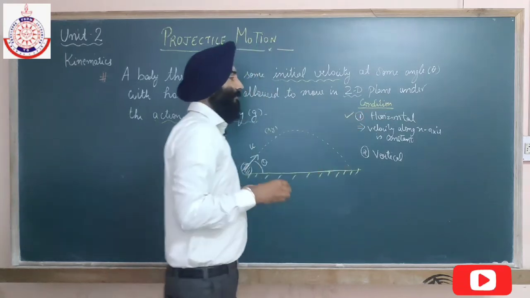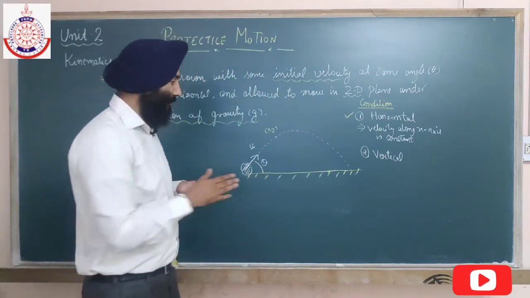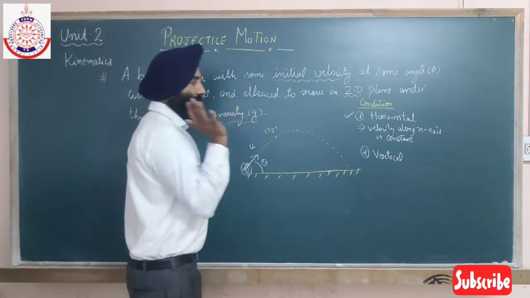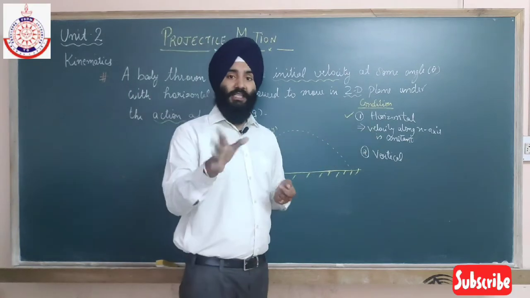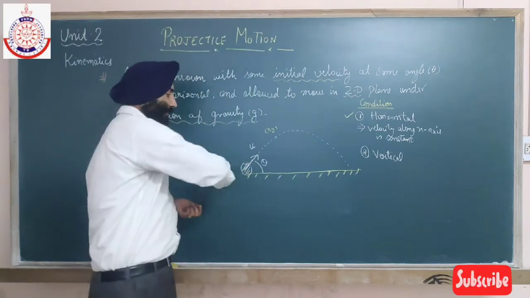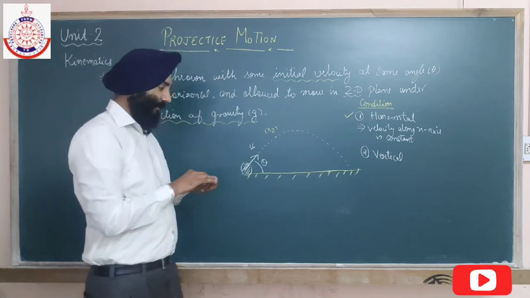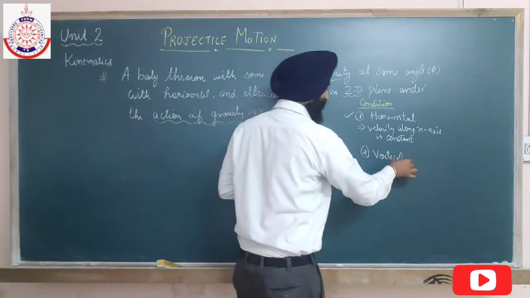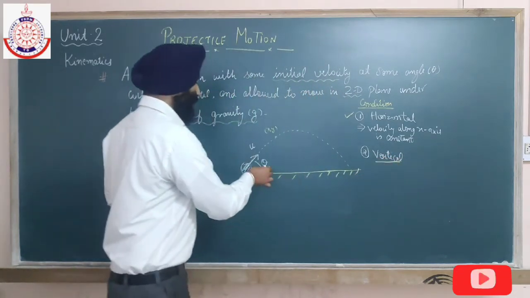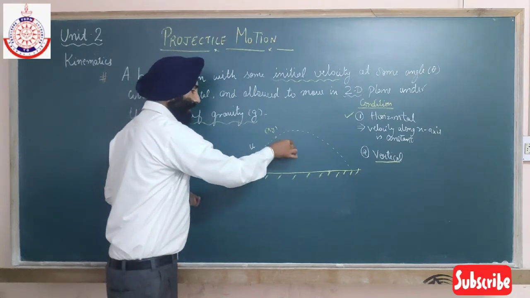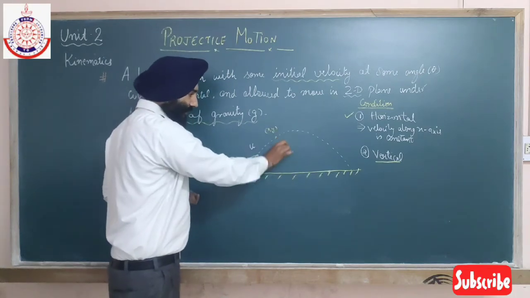So the first condition is: along the horizontal, the initial velocity which we give to this body is constant. And number two is vertically. Vertically means the body is going up and down, right? First it went up, then it came down.